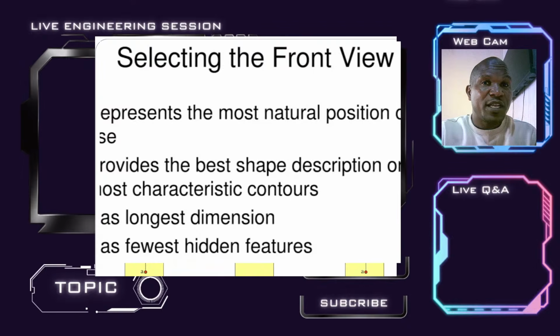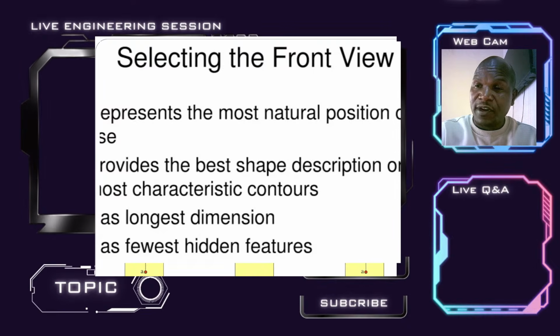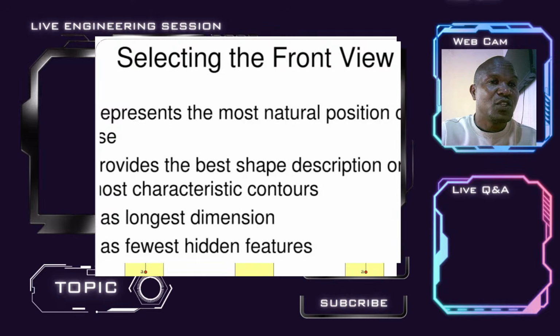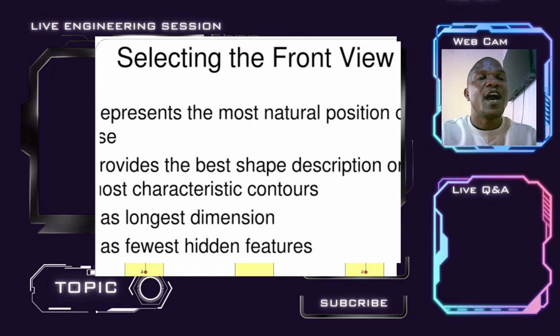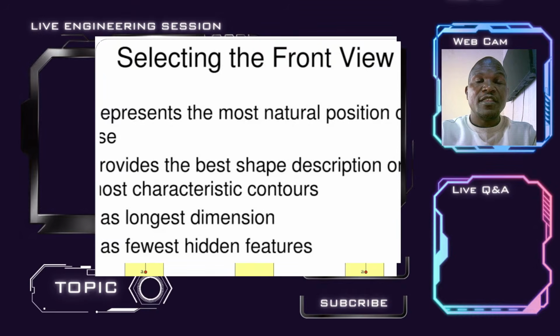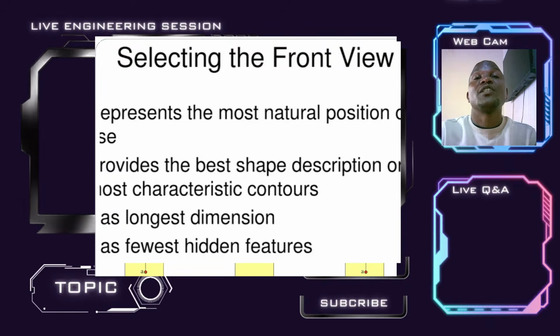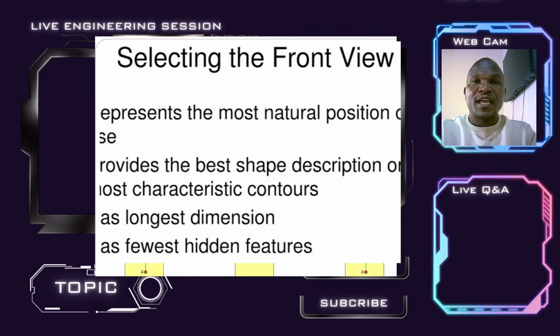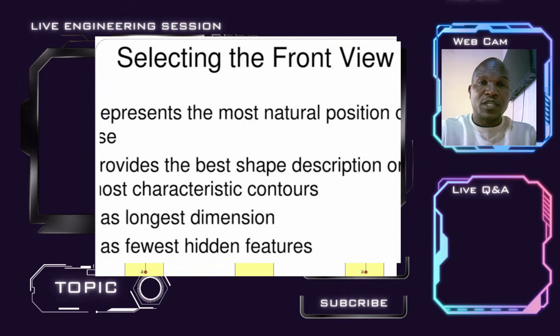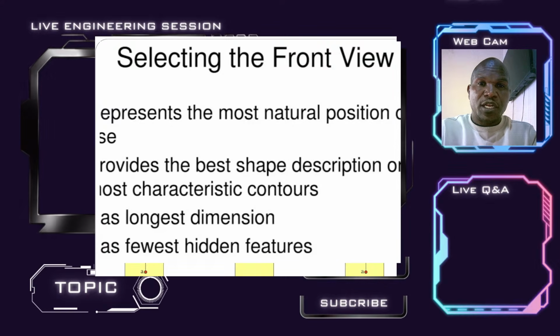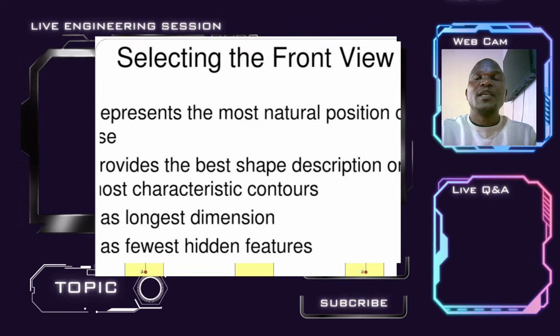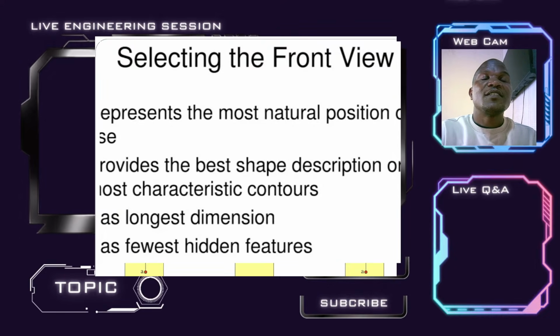So most of the time when we are choosing a front view from an isometric drawing to draw orthographic views, we have to make sure that we select the view that is more descriptive or has the most characteristics of contours. It means all the edges where you're able to see this and that. It communicates a lot of features which are visible if you're viewing from that position. The other view will then be taken as the side view.